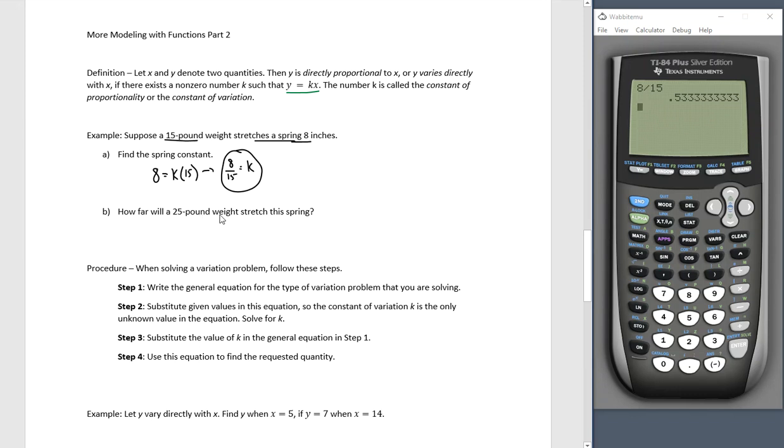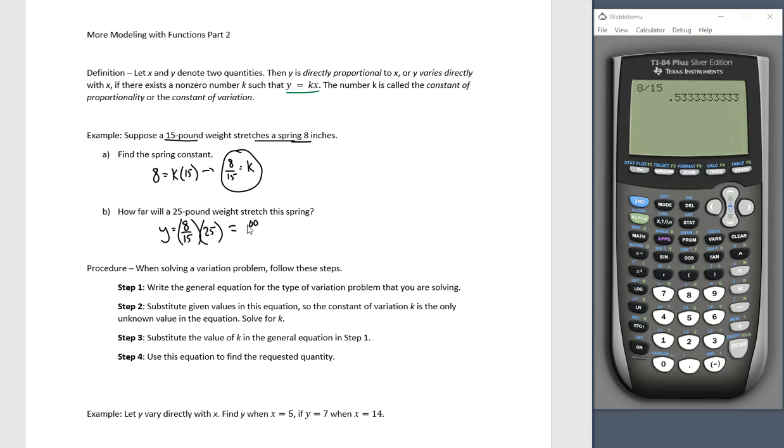How far will a 25-pound weight stretch this spring? Well, I want to know the stretch of this specific spring that has a 25-pound weight. Remember, to multiply fractions, we multiply straight across, and 8 times 25 is 400. I know that's wrong.